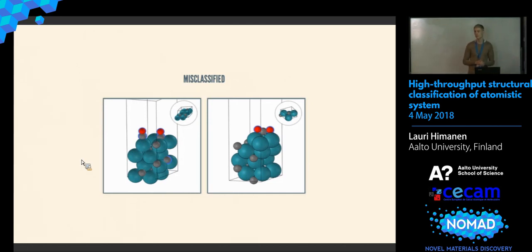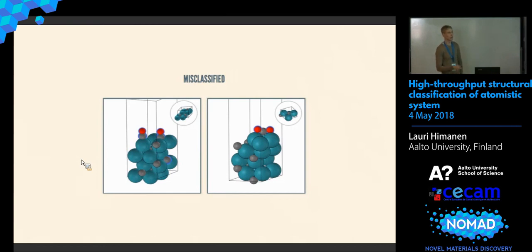Out of the 192 structures you tested, what were the one or two misclassifications? Okay, here. So we have two systems, and they're quite interesting. For both of them we were able to identify them as surfaces, but what we miss here is the unit cell.